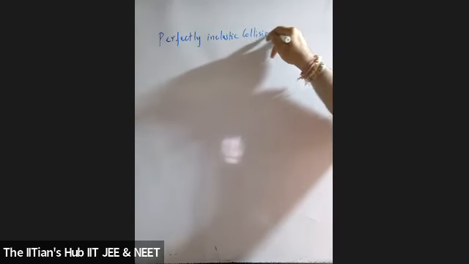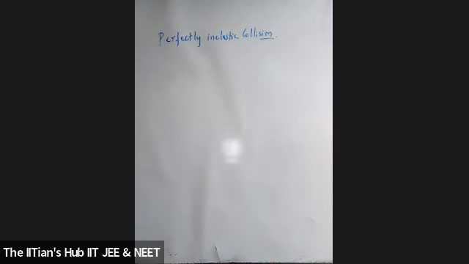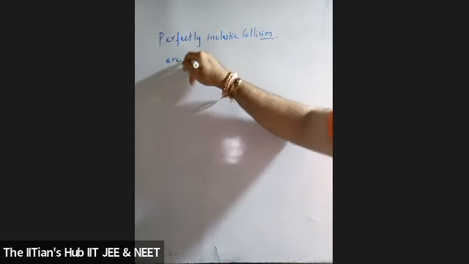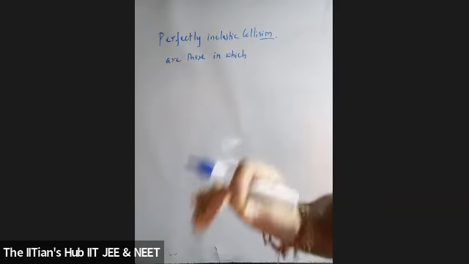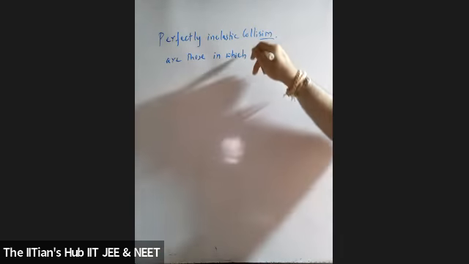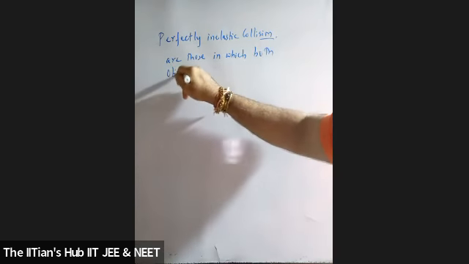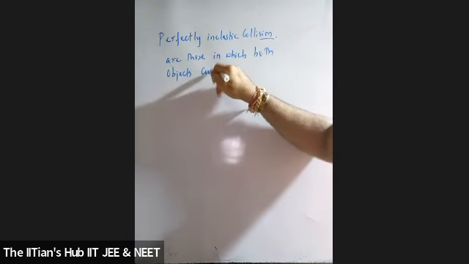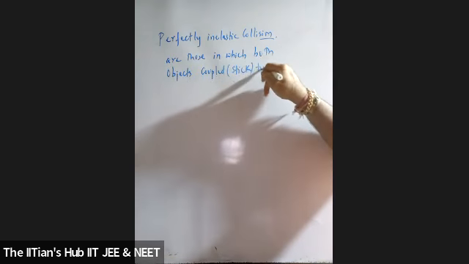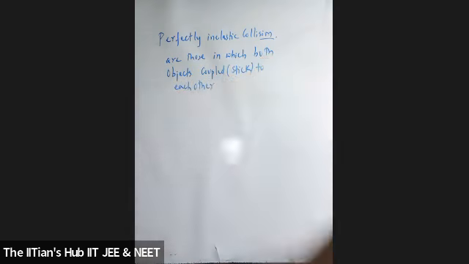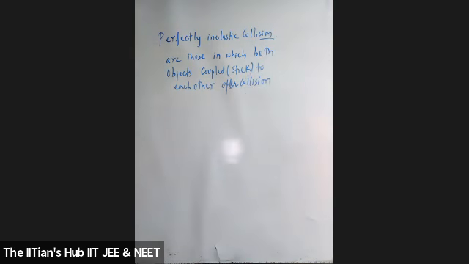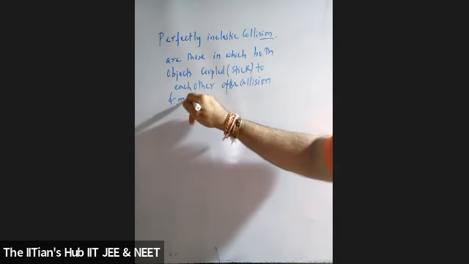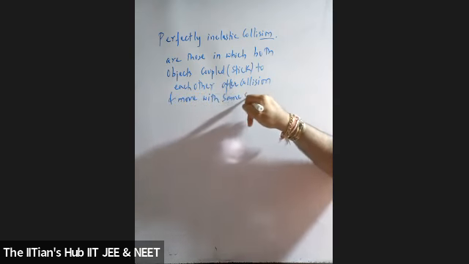Perfectly inelastic collisions are those kinds of collisions in which both the bodies couple together, both objects stick to each other after collision, and they move with the same speed.